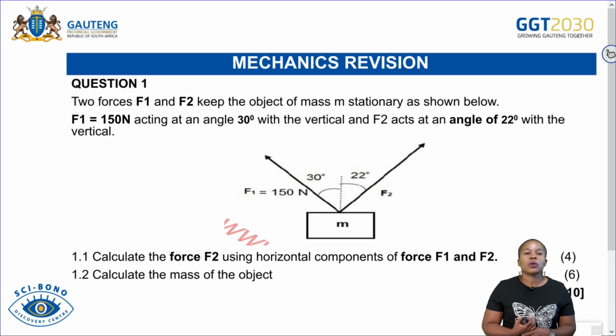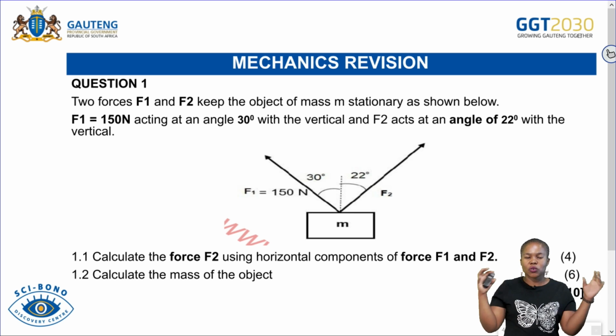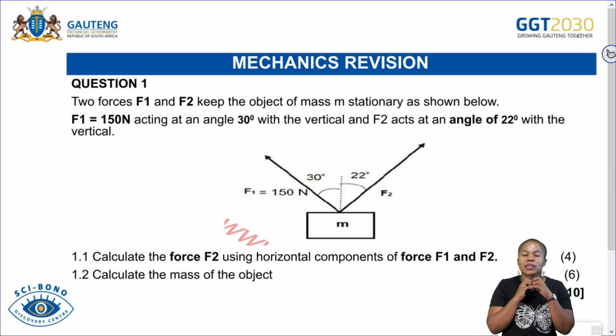Let's look at the diagram. I love it because now they give us a description of what is happening, also giving us a diagrammatic representation of what is talked about. Here's our mass m, an unknown mass, and we have F1 as well as F2.